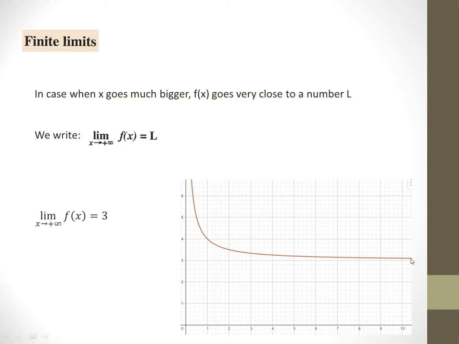It couldn't go below this number, which is in this case 3. So as x goes much bigger, the function goes down and very close to 3. So we say the limit of f of x at plus infinity equals 3.